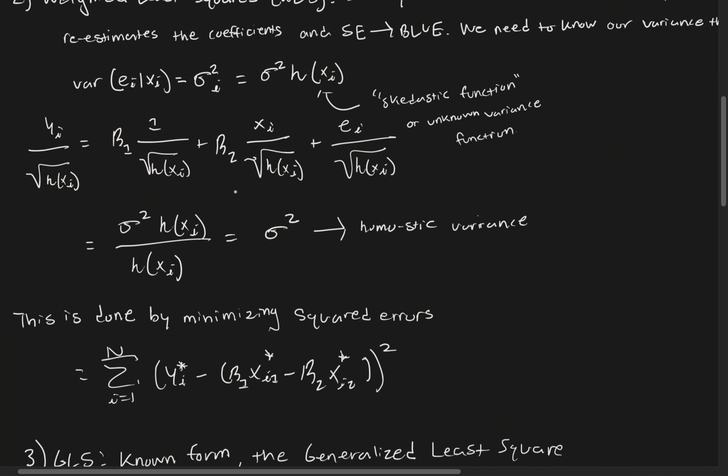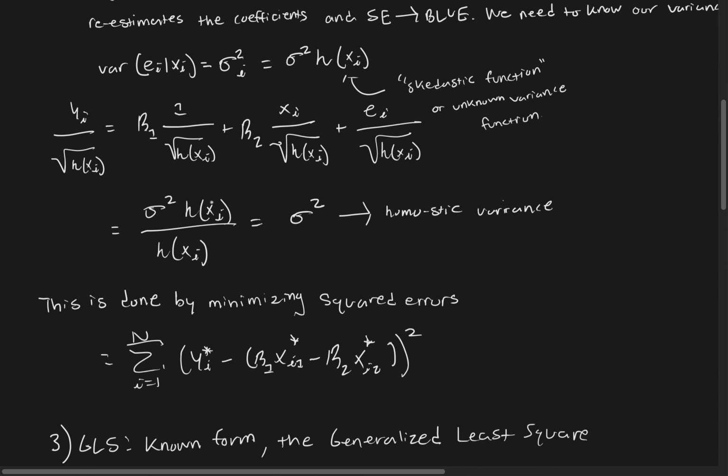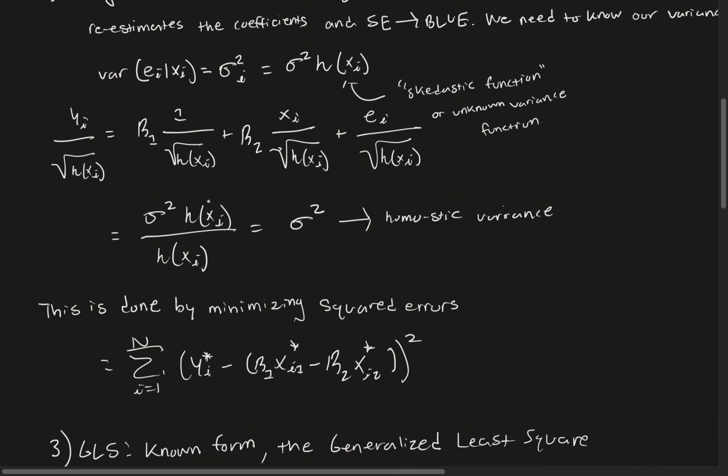What we can do algebraically is divide all the variables in the regression by the square root of the skedastic function. Then we have our error right here: our variance times the skedastic function, divided by the skedastic function, because we're dividing it here also.